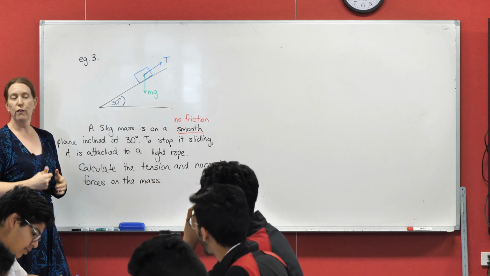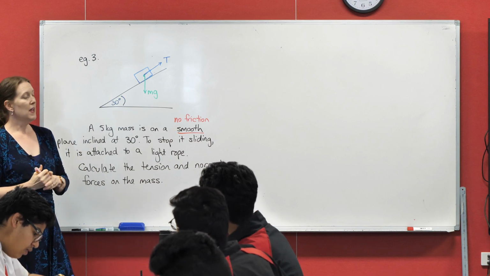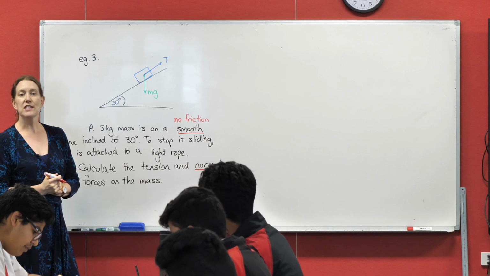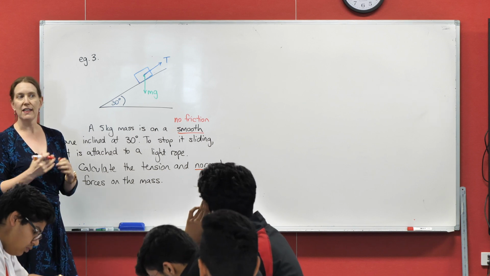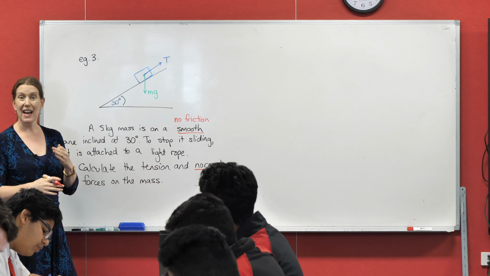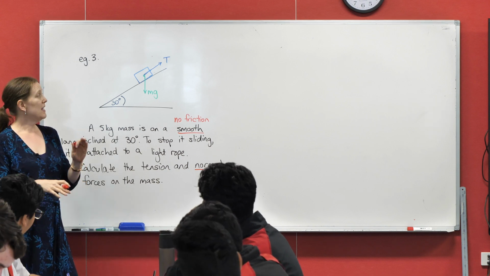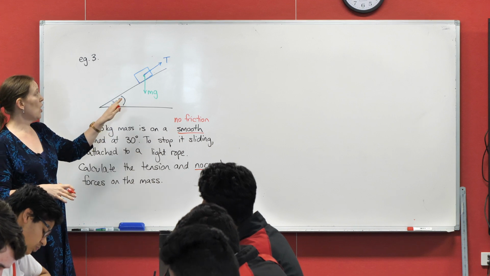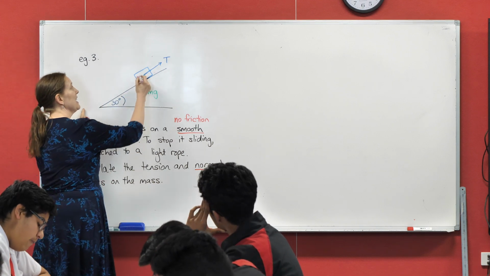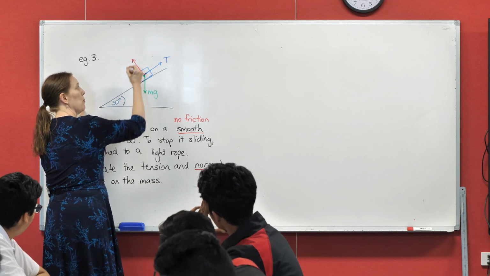There's one more force acting on this. Normal? It's called a normal force. It's normal in the same way that we use the word normal to a tangent. It means it's at 90 degrees. Now for this one, it's at 90 degrees to my tension force, but more importantly, it's at 90 degrees to my slope.